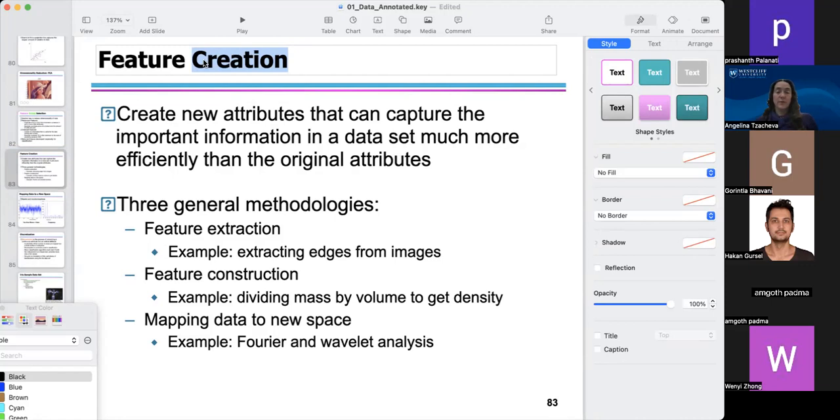So this is called feature creation. Create a new attribute that can capture important information in data.